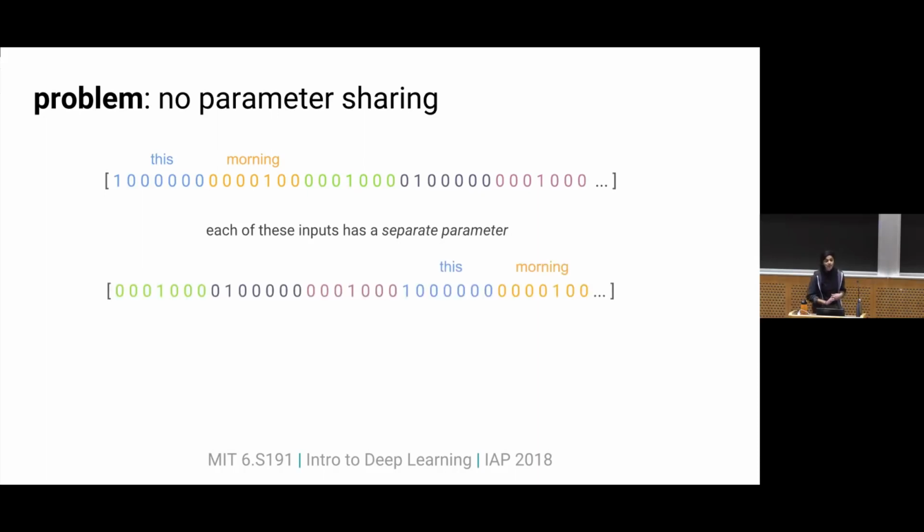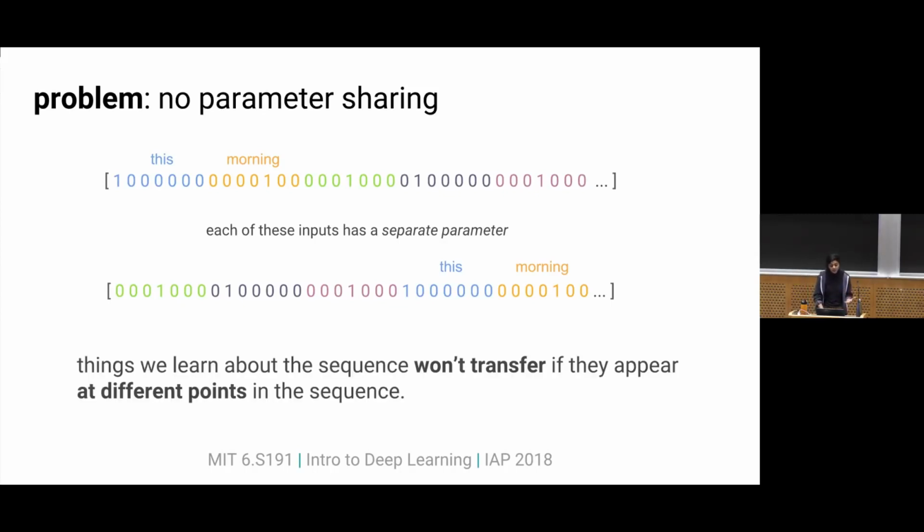If "this morning" then appears at the end of the sentence, we'll have a lot of trouble recognizing that because the weights at the end of the vector never saw that phrase before. And the weights from the beginning of the vector are not being shared with the end. In other words, things we learn about the sequence won't transfer if they appear at different points in the sequence because we're not sharing any parameters.